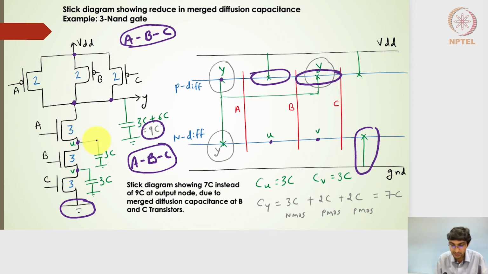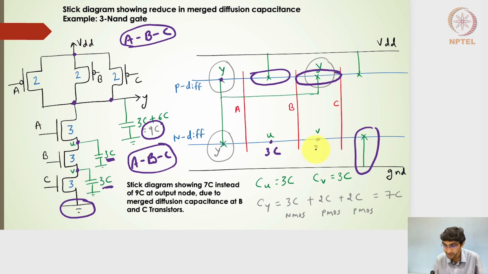The internode merged diffusion capacitance on the NMOS side, we had considered 3C and then 3C here. But if I really look into the stick diagram, especially on the pull-up side, there is a slight difference. If I consider the U point on the pull-down side, I'll see a merged diffusion, and if the width is 3, I will get a capacitance of 3C.